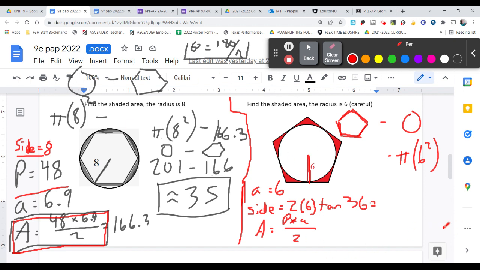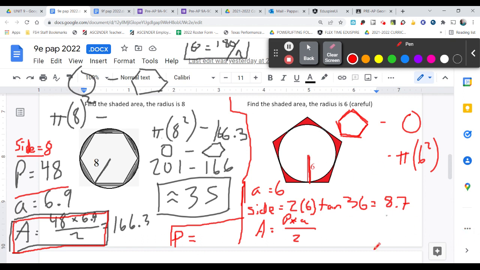So what's 2 times 6 times tan 36? 8.7. Okay. All right, I'm running out of room. I'm gonna put the perimeter down here. So the a is 6.